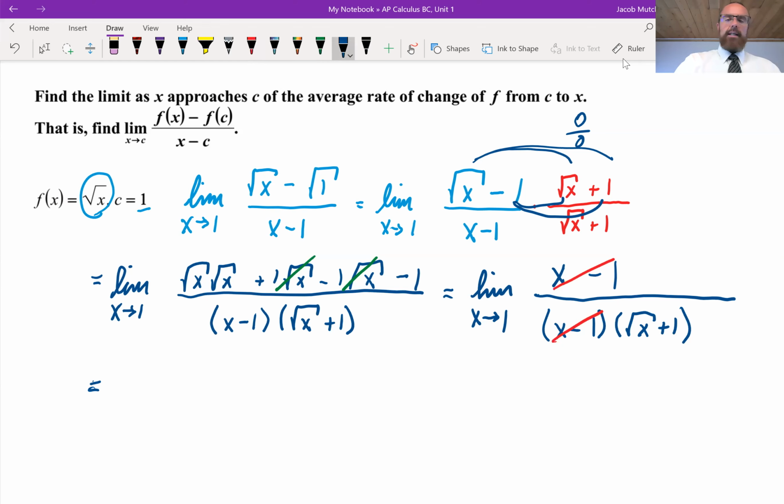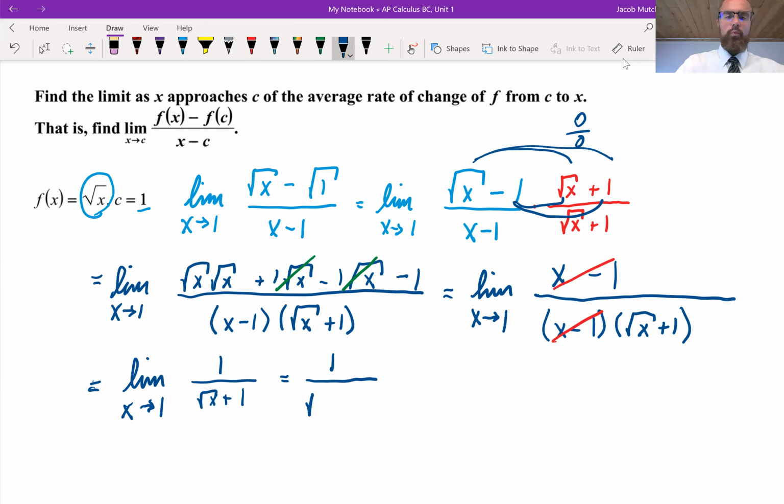And really that takes away the part in our limit expression that was forming that indeterminate form, that 0 over 0. It's gone now. So what we've got is 1 over square root of x plus 1. And so we're ready for direct substitution. I'm going to drop the limit, put 1 over the square root.